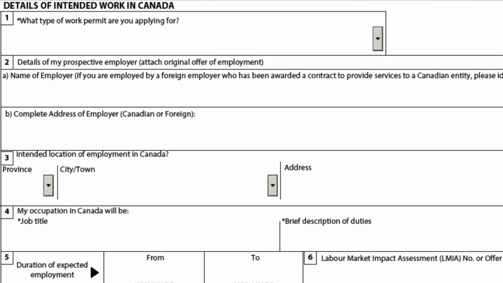Then they're going to ask you for the address of the employer. Now you're going to fill in the province where your spouse or the primary applicant is studying, and the city. In the address, you can just put not applicable. That should be fine. Now they'll ask you, what is the duration of this job? And you're not getting a job, right? Because this form is the same for those on a spousal open work permit and for those doing a closed work permit.